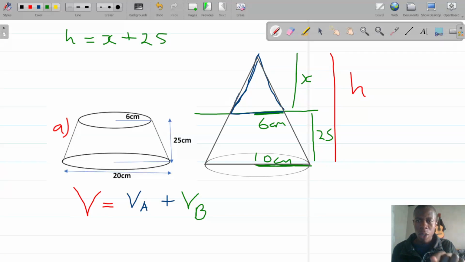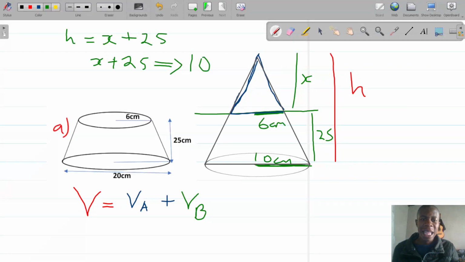Now x plus 25 has a direct relationship to the radius at the bottom here, which is 10.